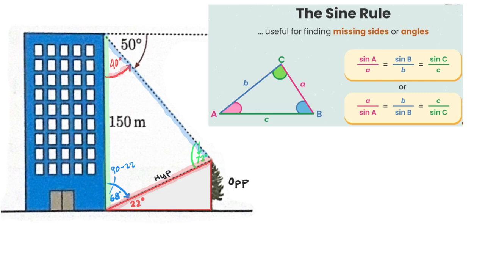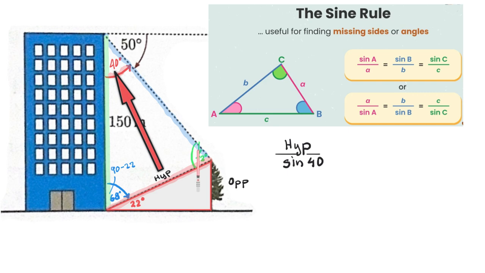Since we're interested in the hypotenuse side, we can equate this with the angle of 40, sine 40. This ratio can be equated to, and here we have a choice. We could use angle 68 and the blue side, but we do not know what the blue side is, so that's going to be useless.